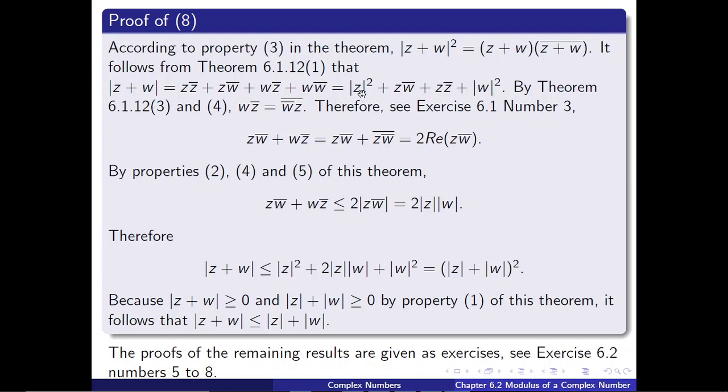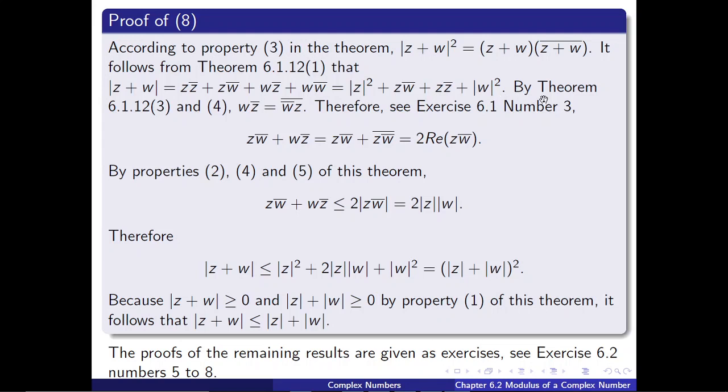And then z times its conjugate is equal to the modulus of z squared, and w times its conjugate is equal to the modulus of w squared.